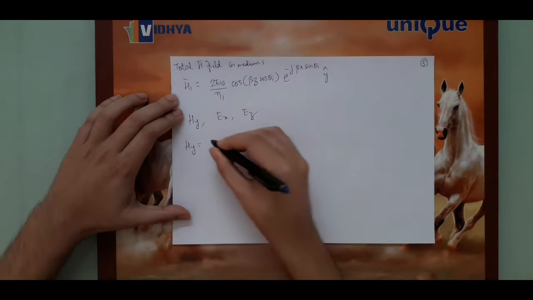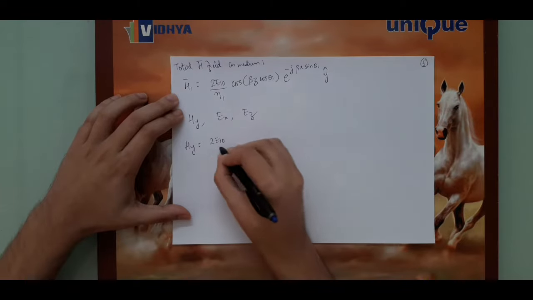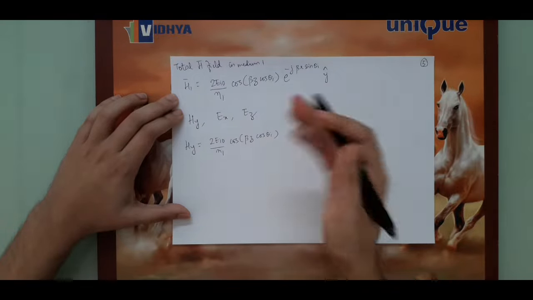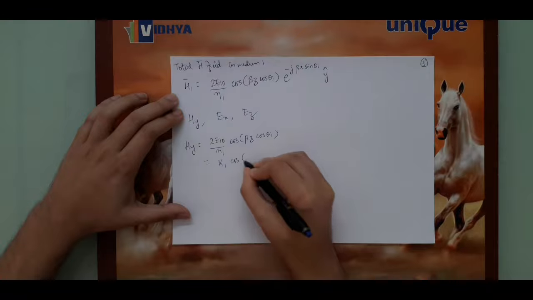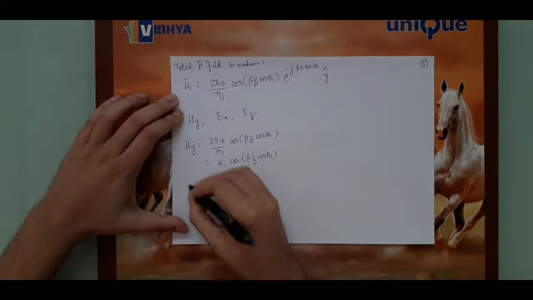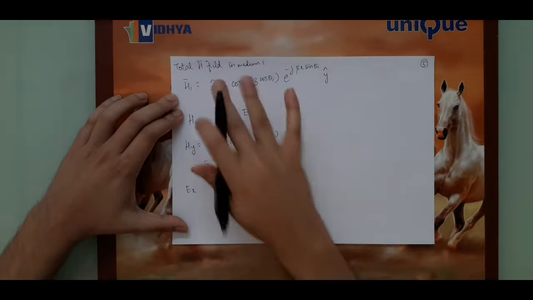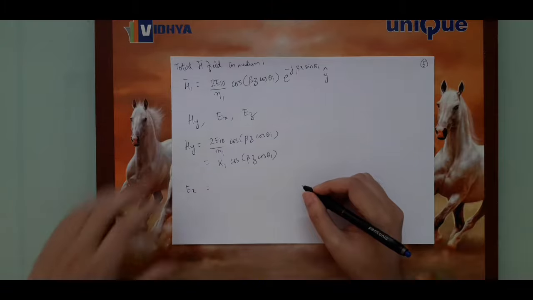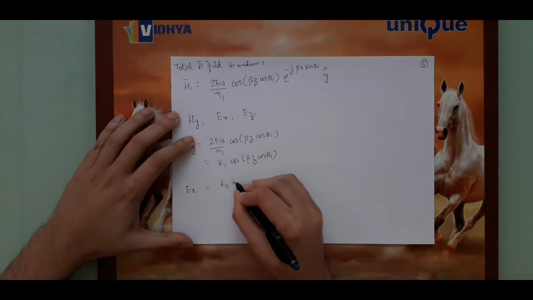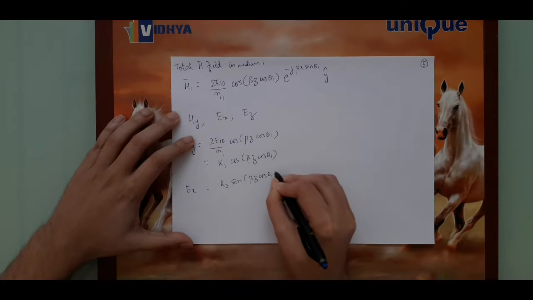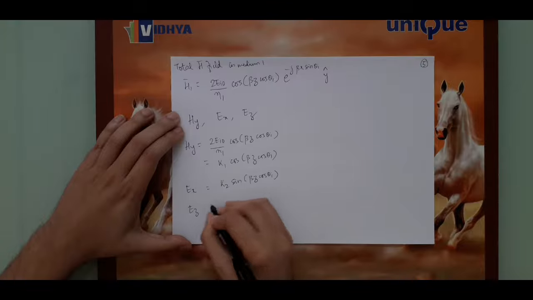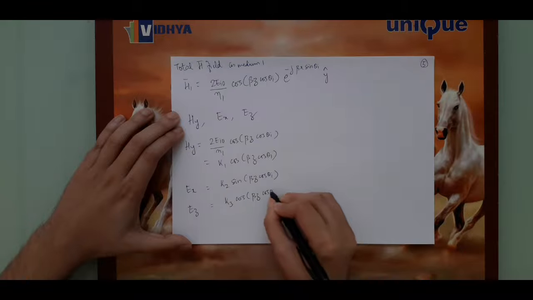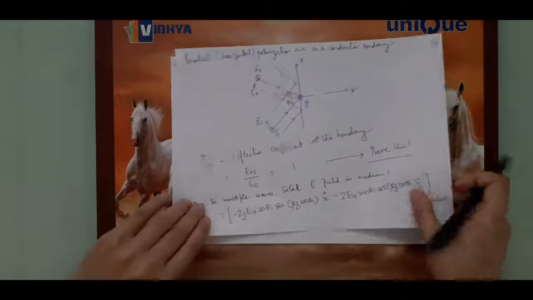So Hy is 2Ei0 by eta 1 cos of beta z cos theta I, or let's call this some k1 cos beta z cos theta I. Ex, the magnitude part, I can write as some k2 sin of beta z cos theta I, and Ez will be some k3 cos of beta z cos theta I, just by looking at the expressions that we have derived.